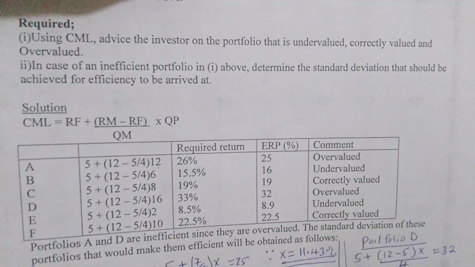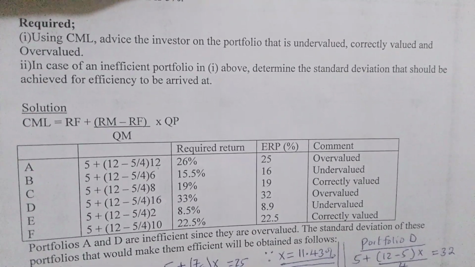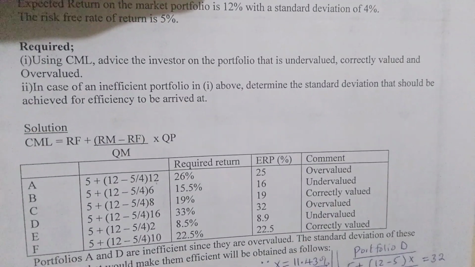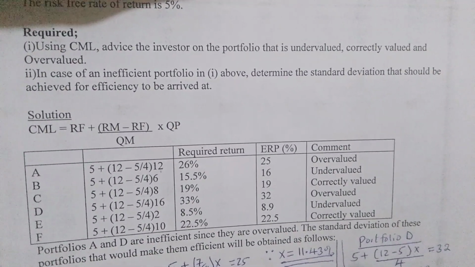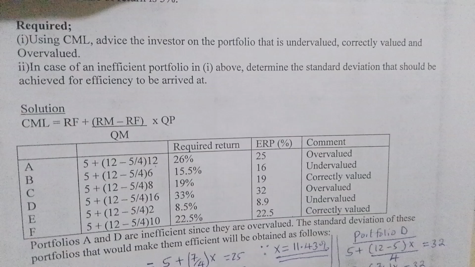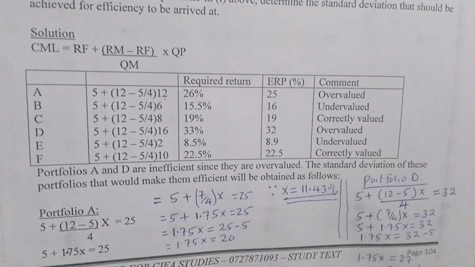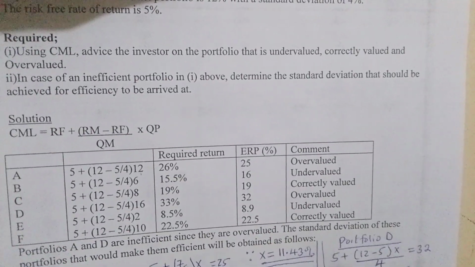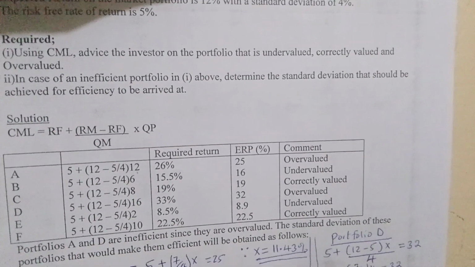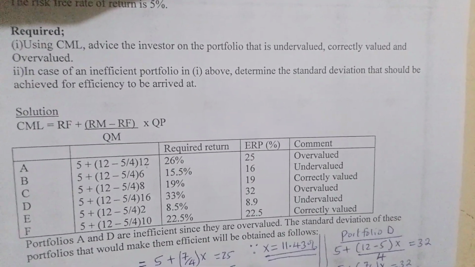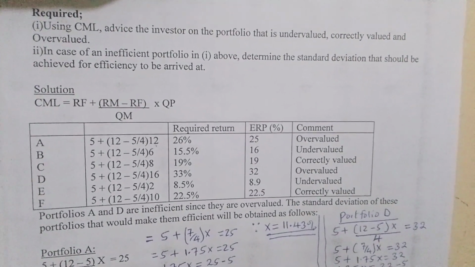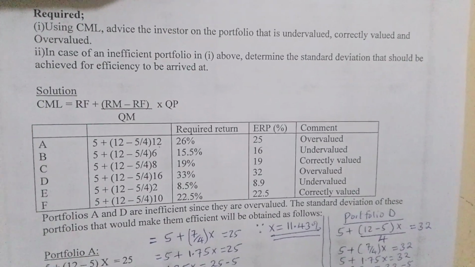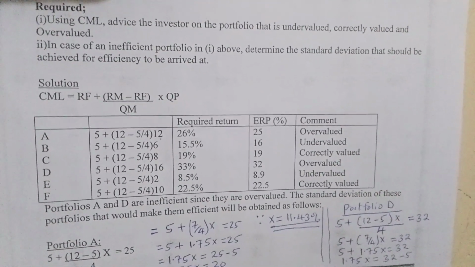In case of an investment portfolio in one above, determine the standard deviation that should be achieved for efficiency to be arrived at. Now, efficiency can only be arrived at if the required return is equal to the expected return. In other words, what standard deviation can we use so that our required return equal to the expected return?